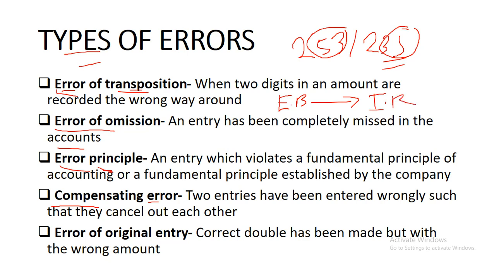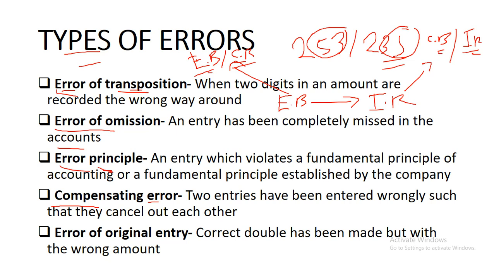When we pay for an electricity bill, we debit the electricity bills account, then we credit the cash or bank, depending on how we made the payment. For interest, we debit the cash or bank, and then we credit the interest account.